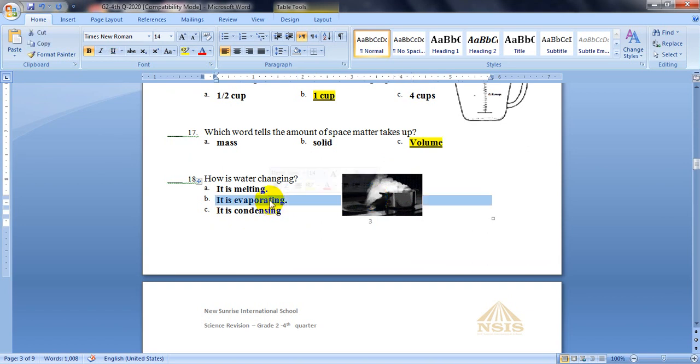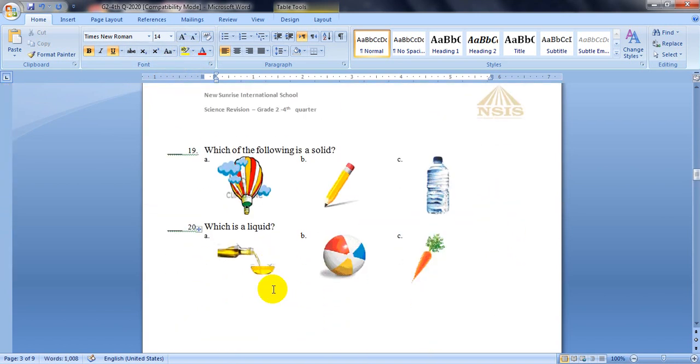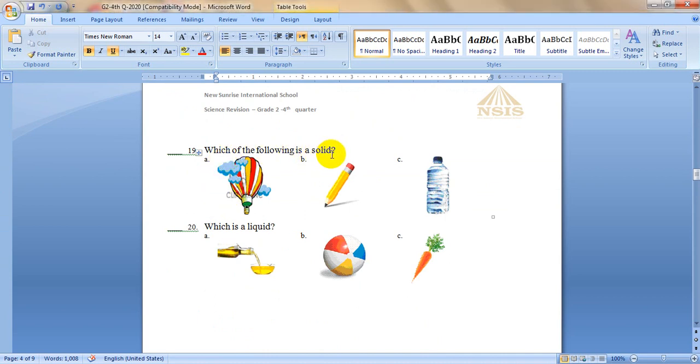So it is evaporating. 19. Which of the following is a solid? The air balloon, the pencil, or water? Of course, the pencil is solid because it has its own shape.